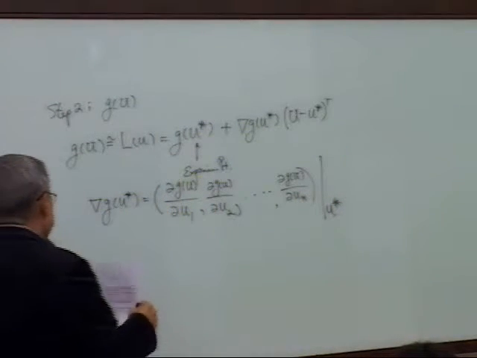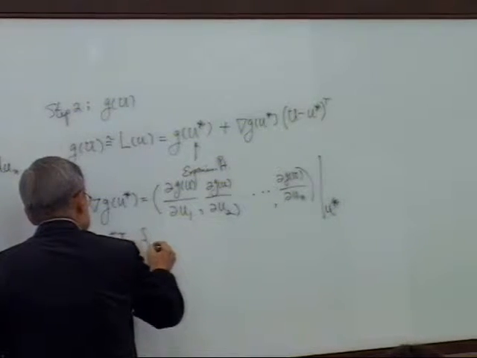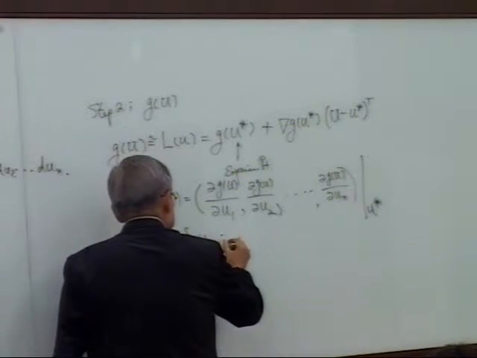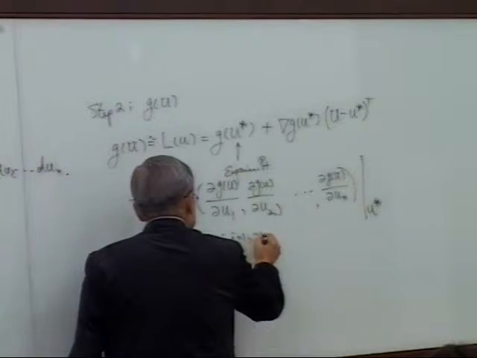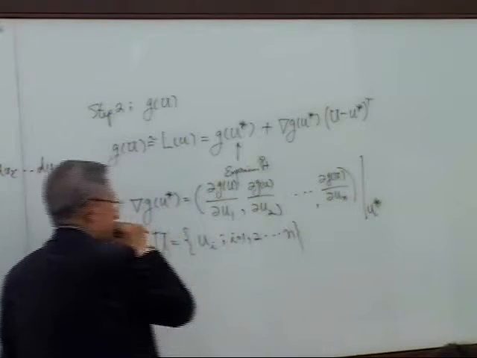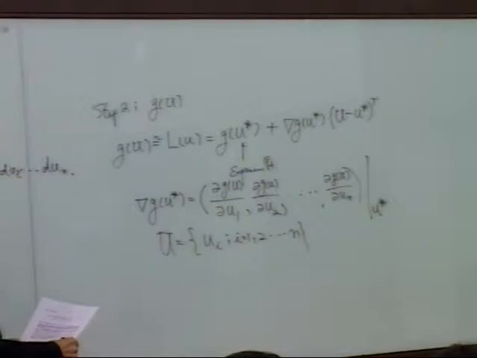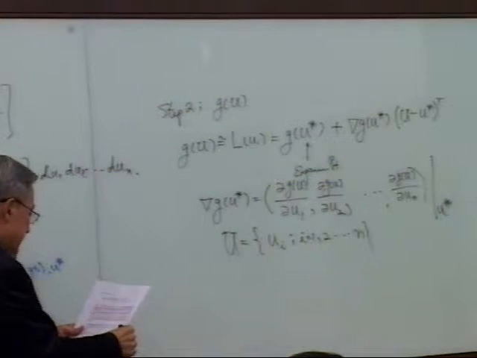N-dimensional terms, because, just as a reminder, U is Ui, i equal to 1, 2, all the way through N.